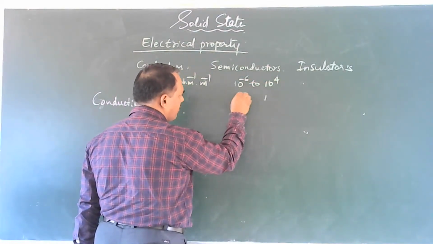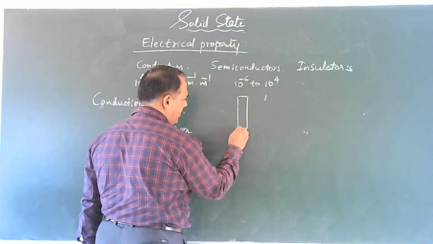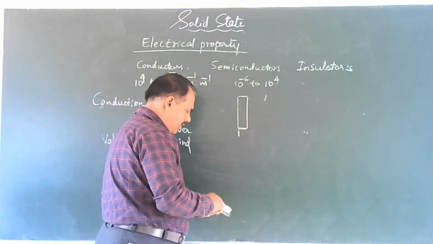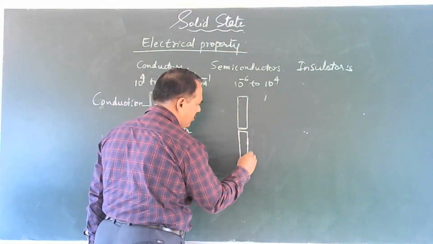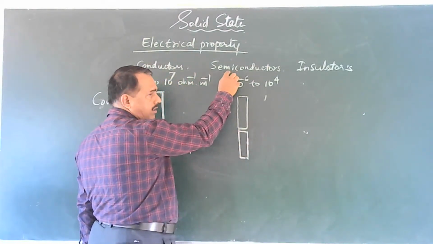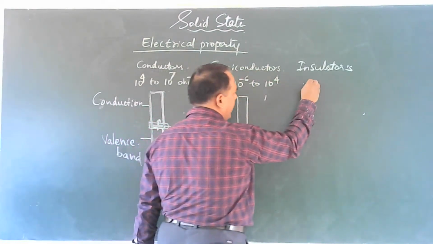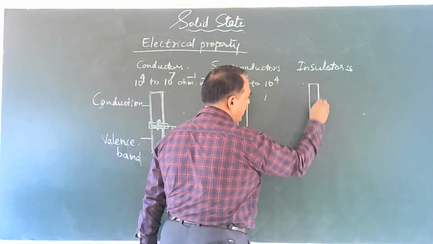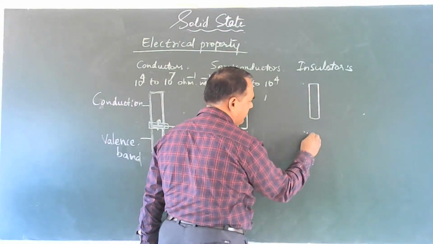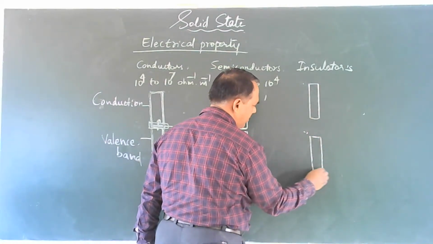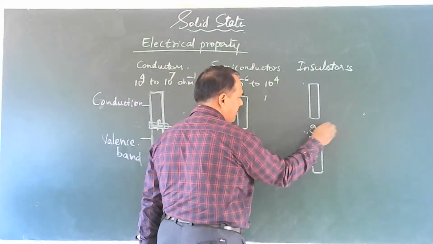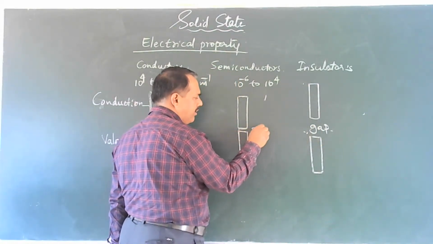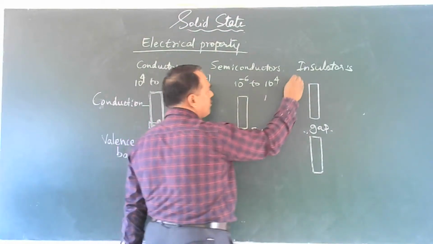So we can find a small gap between the valence band and the conduction band. This is nothing but a semiconductor. If you go for an insulator, there is a large gap between them.